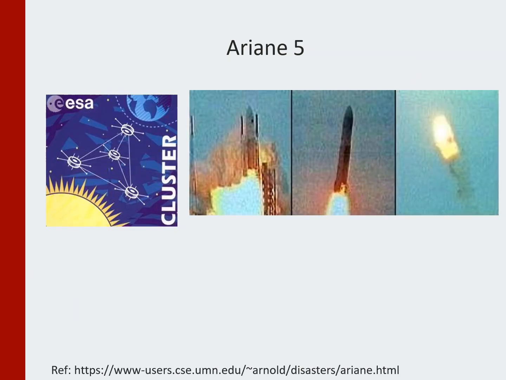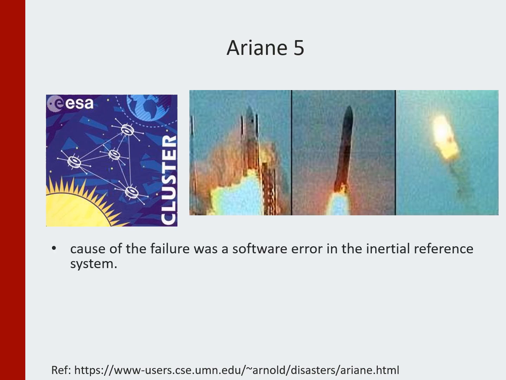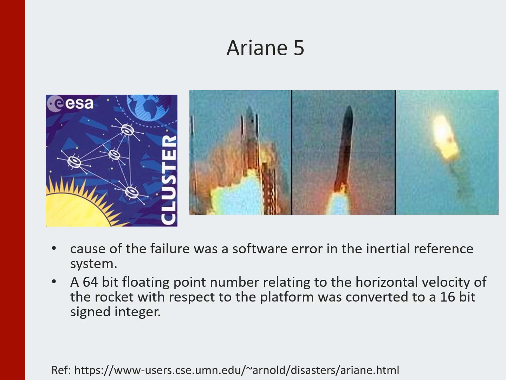Let's consider an example. The Ariane 5 was a rocket that exploded about 30 seconds after liftoff. The cause of the failure was a software error in the inertial reference system.